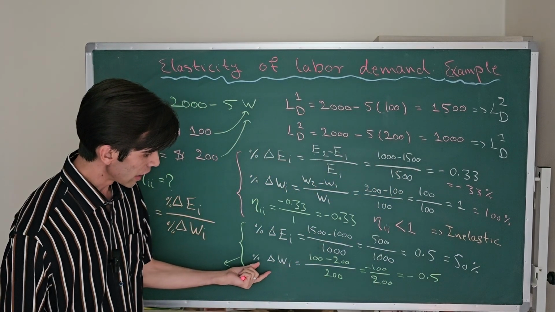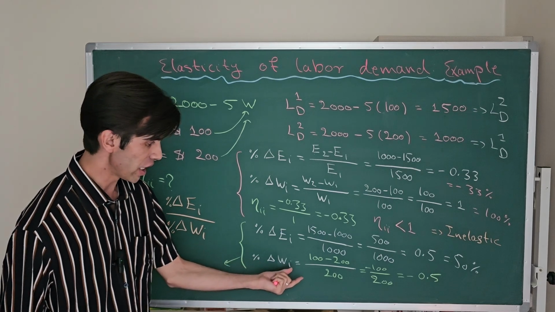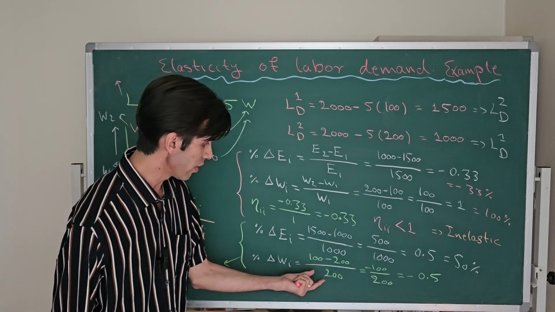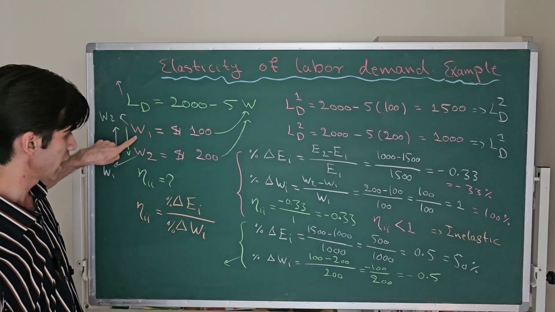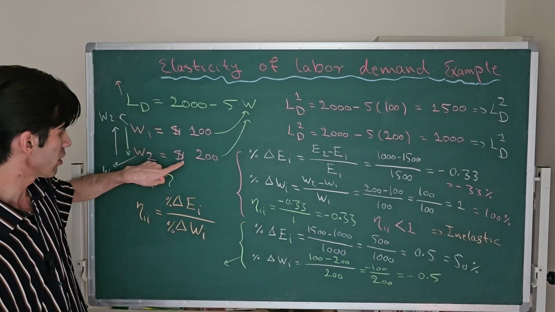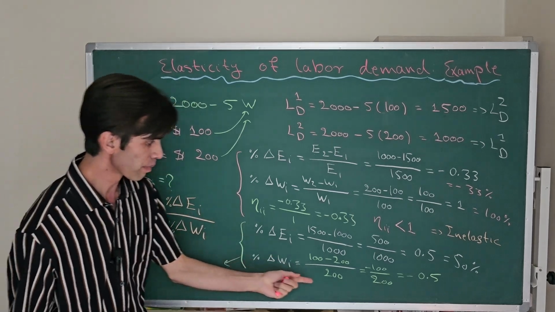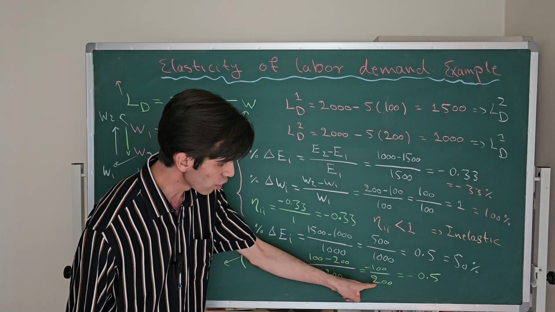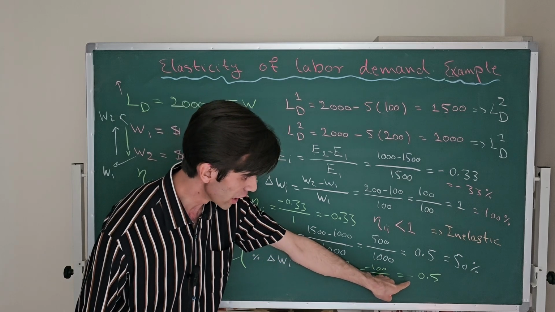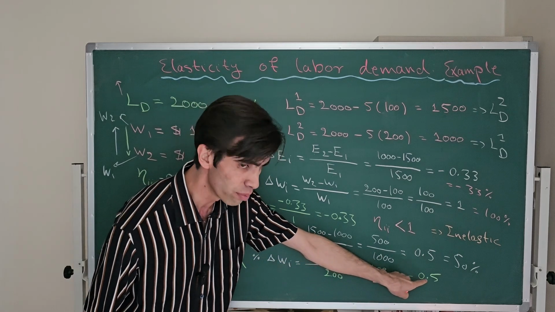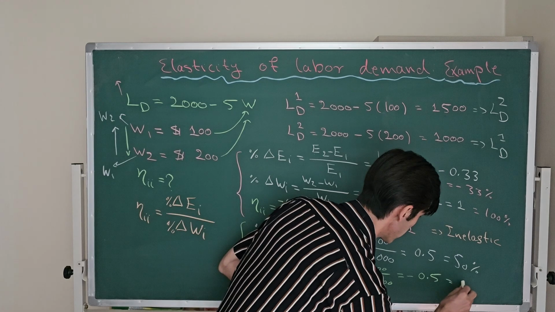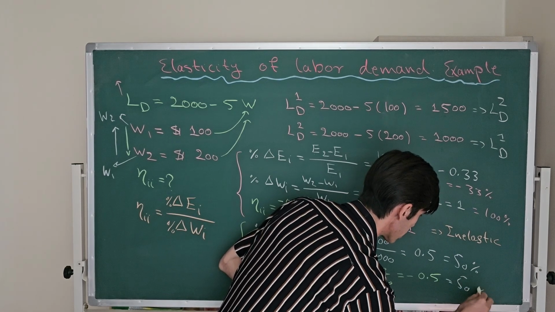Here, the percentage change in wage rate will be equal to 100, which is the new wage rate, minus 200, which is the initial wage rate, over 200, equal to minus 100 over 200. It will be equal to minus 0.5, and in terms of percentage, minus 50%.